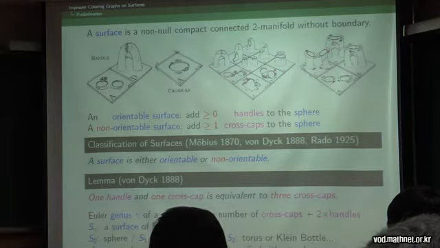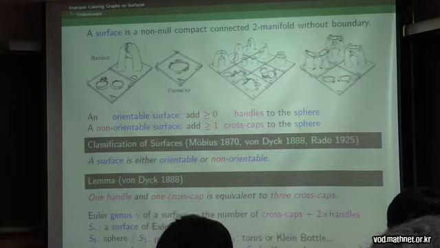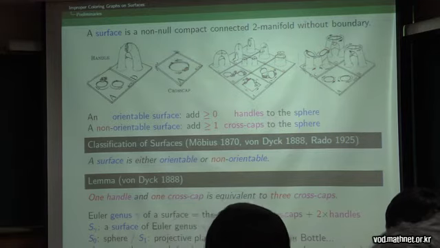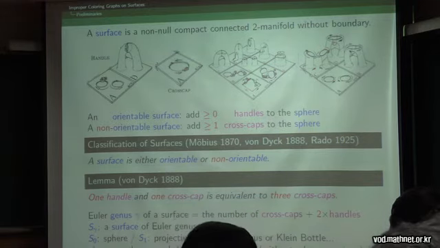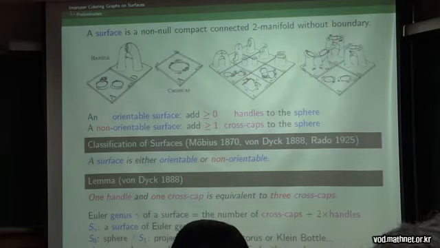But there's this notion that will capture what I just said. If you give me a surface, I can assign some number called the Euler genus. And this will be the number of crosscaps plus 2 times the number of handles that you've added to the sphere to obtain this new surface. So the sphere has Euler genus 0 because you've added nothing to it.